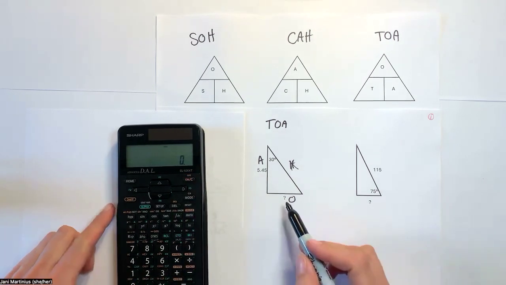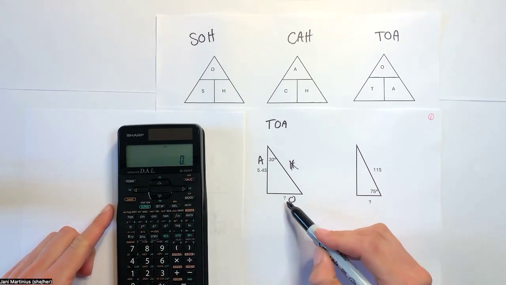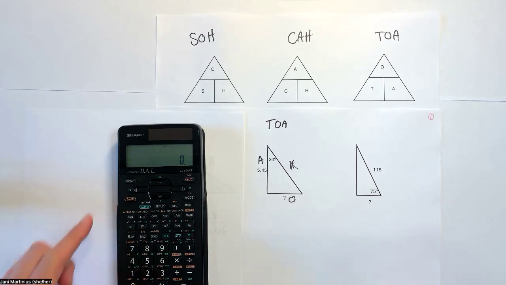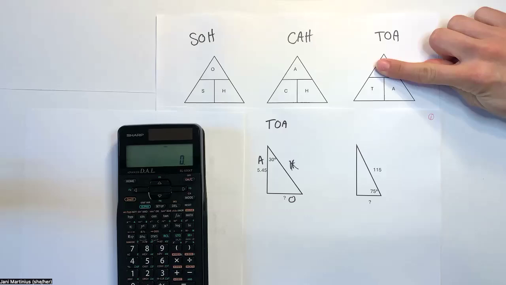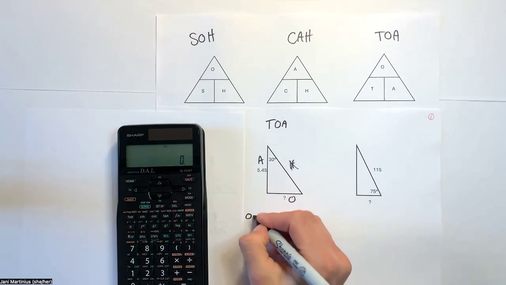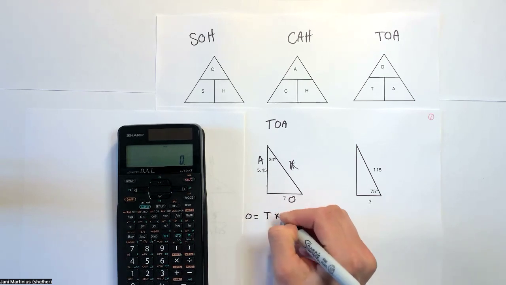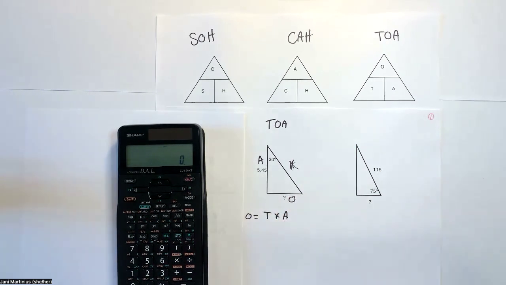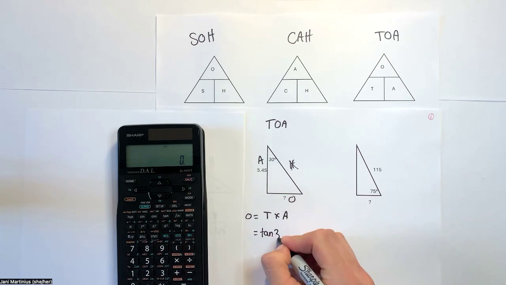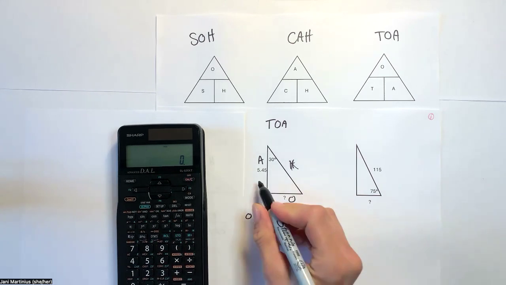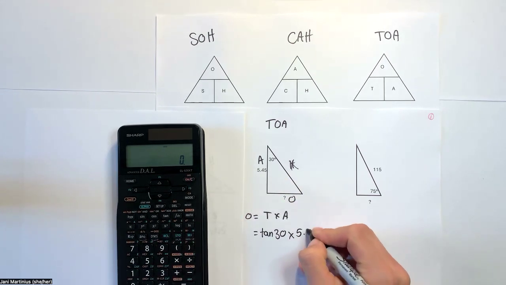Okay, so we are looking for the opposite. So that means we're blotting out the O, which means O equals T times A. So let's plug those in. T, so tan, and we have 30 degrees, times our adjacent, 5.45.